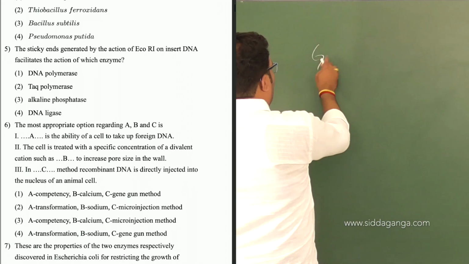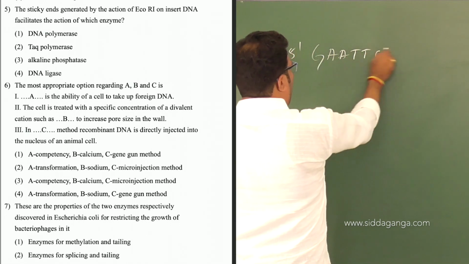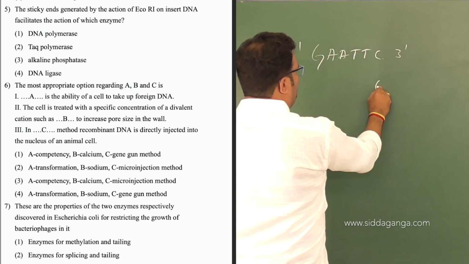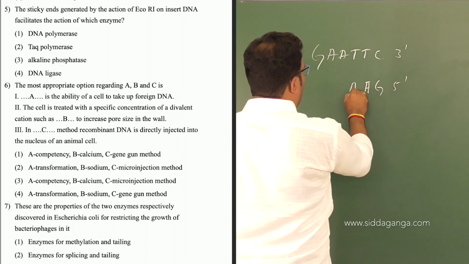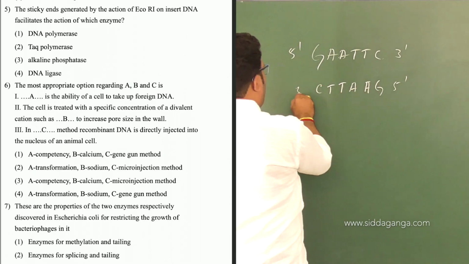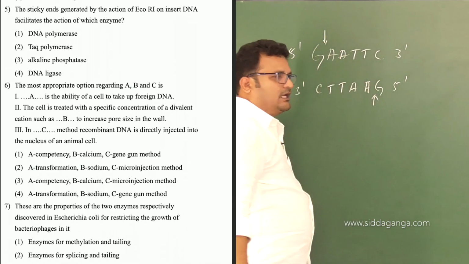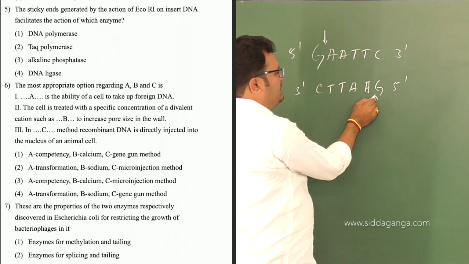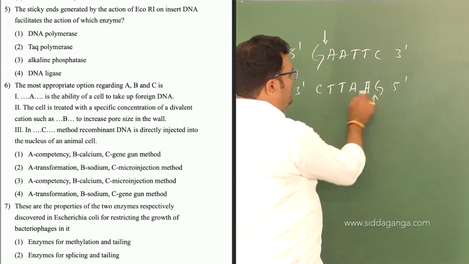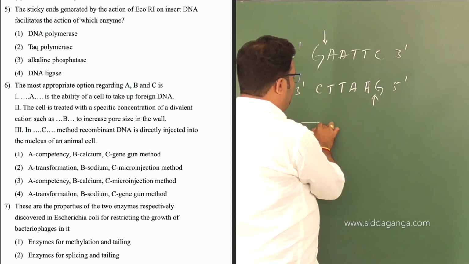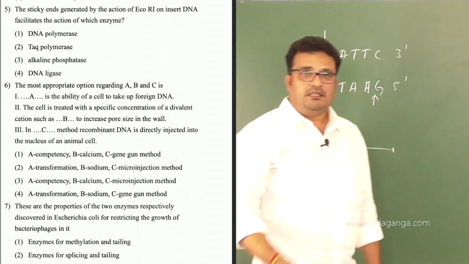The sequence is GAATTC, 5' to 3' GAATTC. In between G and A, EcoRI cuts the sequence to obtain sticky ends like this. They are separated and then they are joined.